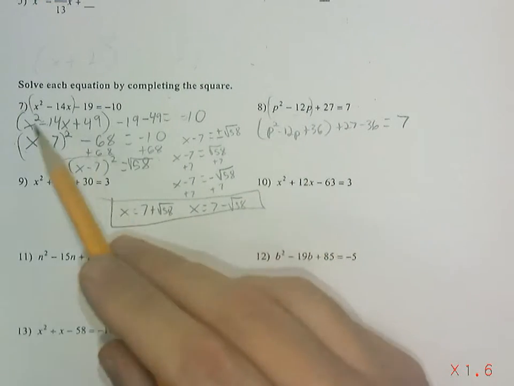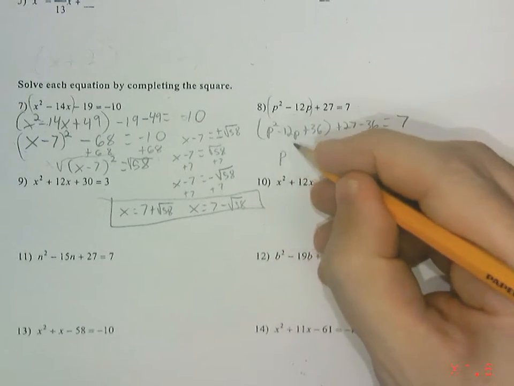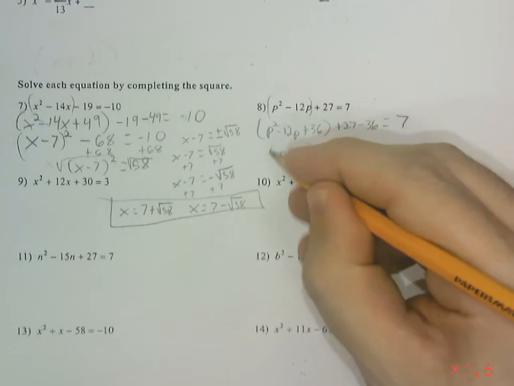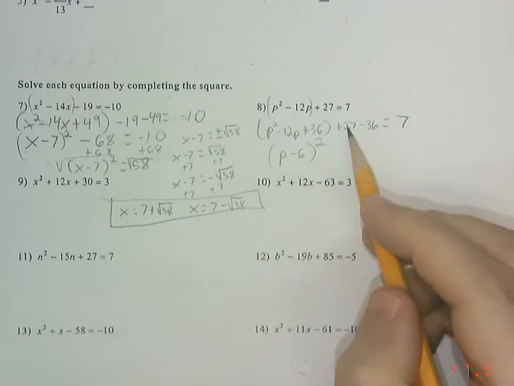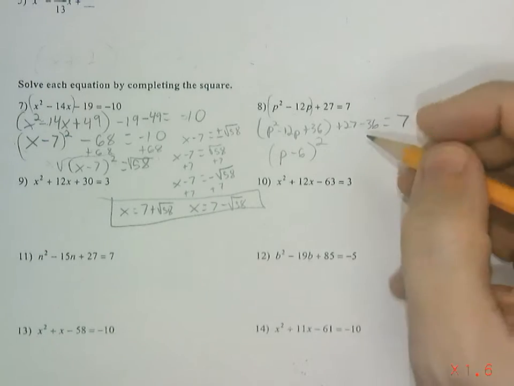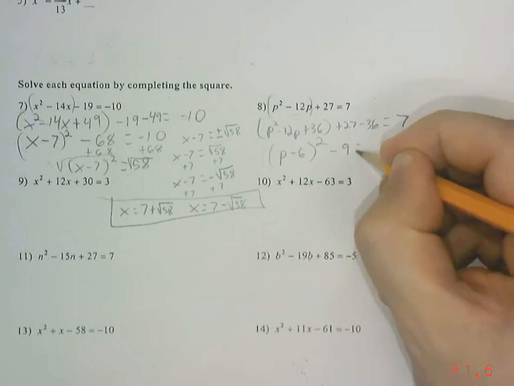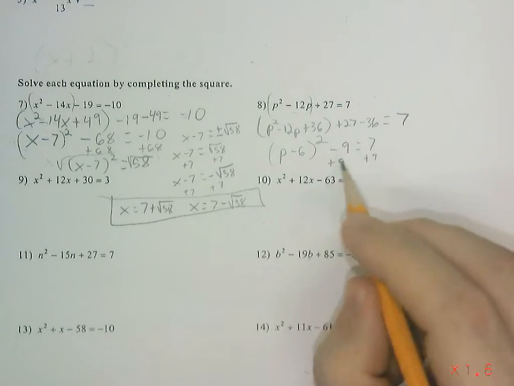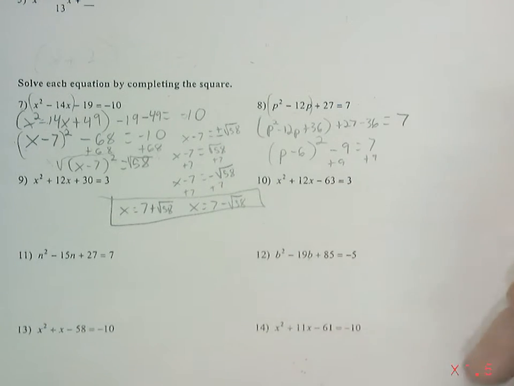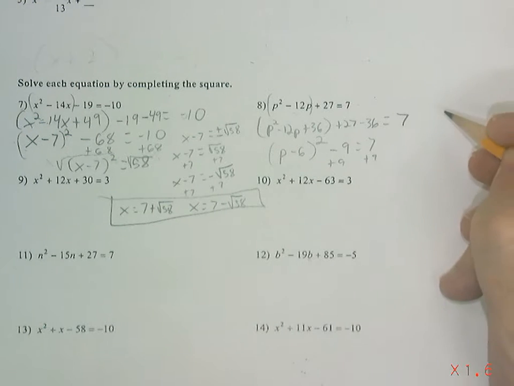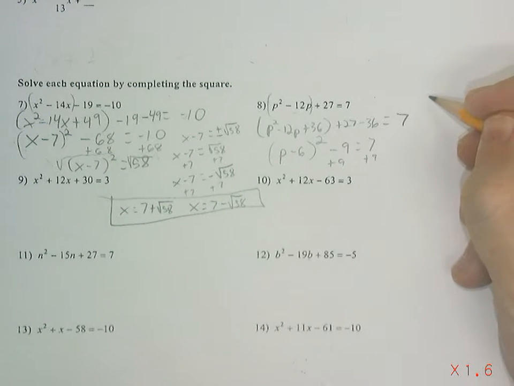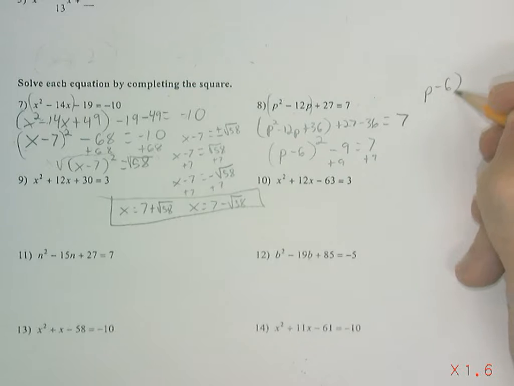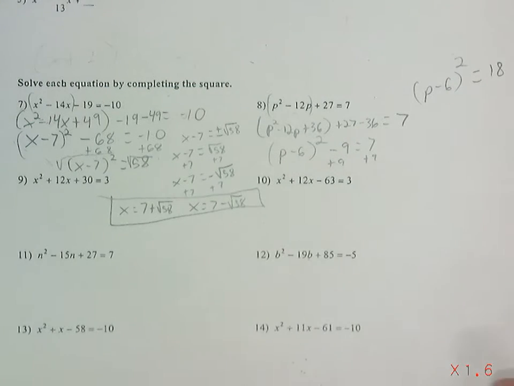It can break down into p minus 6 squared. And then 27 minus 36 would be negative 9. So minus 9 is equal to 7. So I add 9 to each side, which gives me 18. So I have p minus 6 squared is equal to 18.